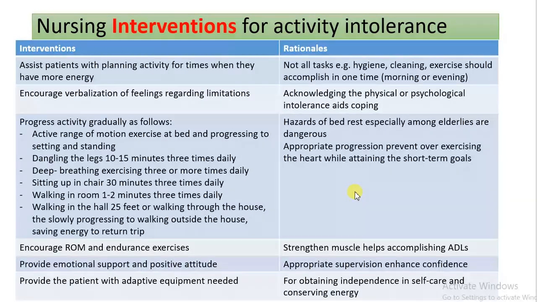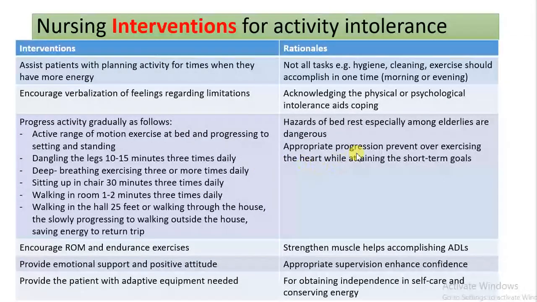And also, as you know, the hazards of bed rest, especially among the elderly, are dangerous. For example, they get deep vein thrombosis, and also cardiovascular and pulmonary compromise, and even gastrointestinal difficulties.